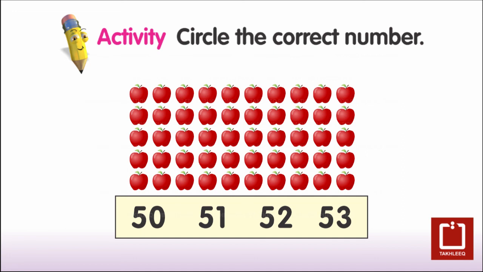These are 50 objects. Now we find out 50 from the given numbers. 50. Yes, this is 50. So we shall circle it.